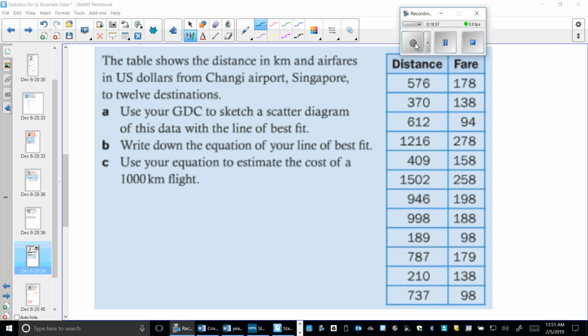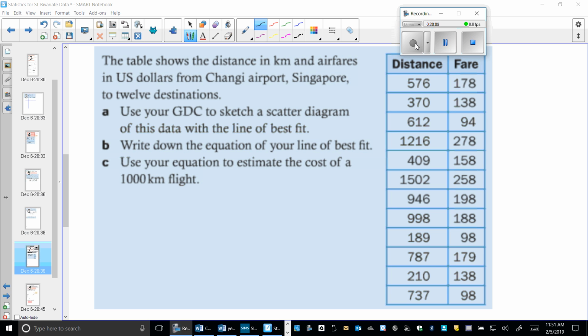Can you see that it's giving you a little summary of letters? It's got M, B, and also R. Do you see that? So then what would your gradient, your M, what would your equation be for this? 0.117x plus 83.3.